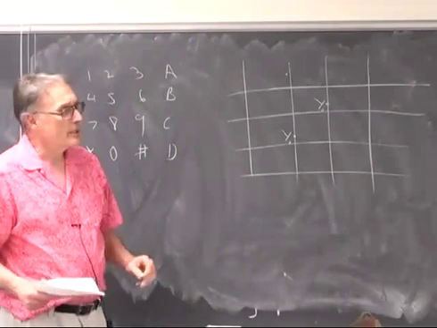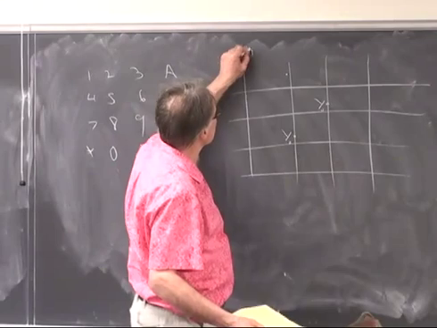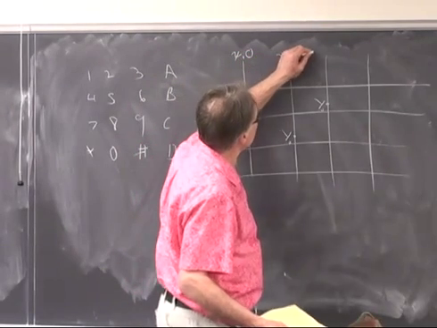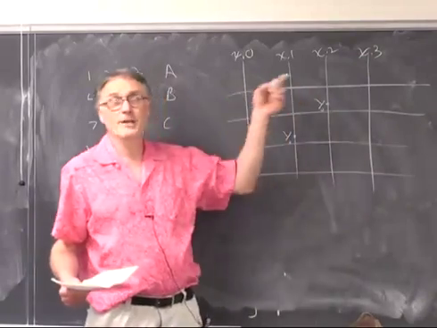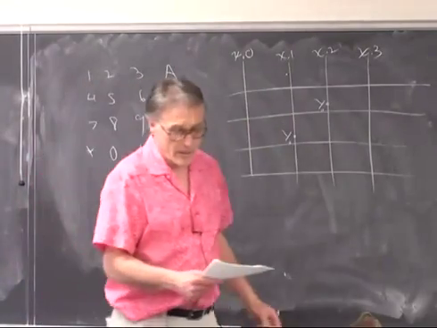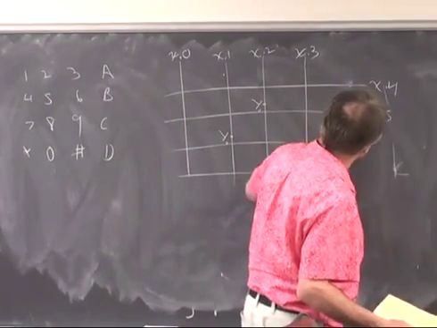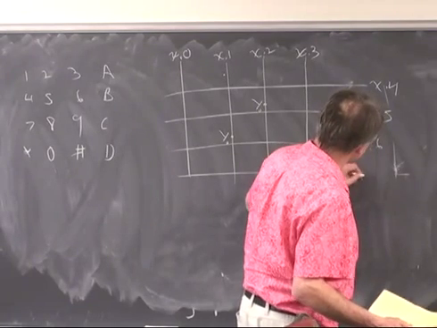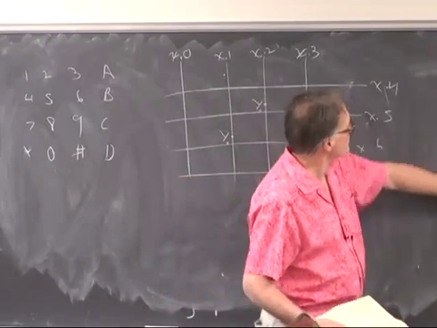And the way we're going to hook it up is we're going to hook the columns up to some port, x.0, x.1, x.2, x.3. So the first 4 bits of the port are going to be hooked up left to right. And then x.4, x.5, x.6, and x.7 will be used to hook up the rows.